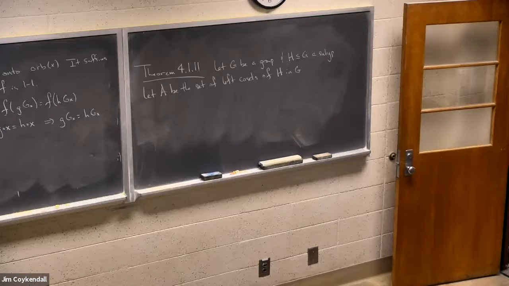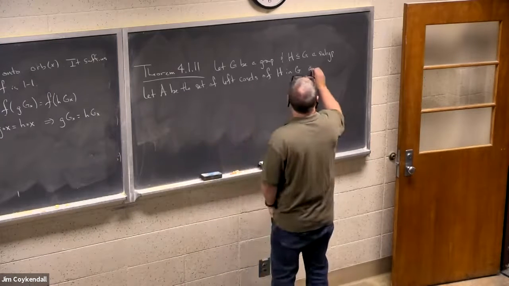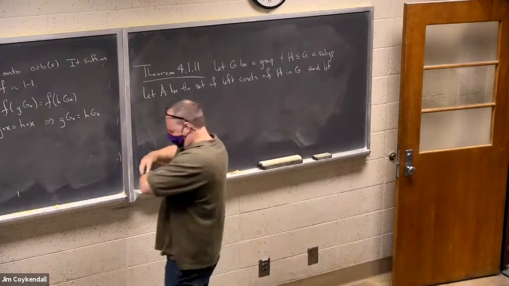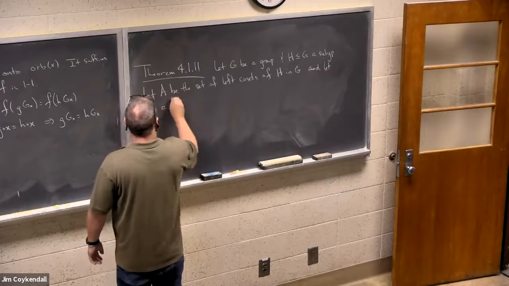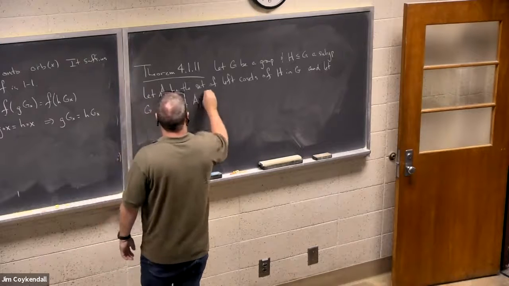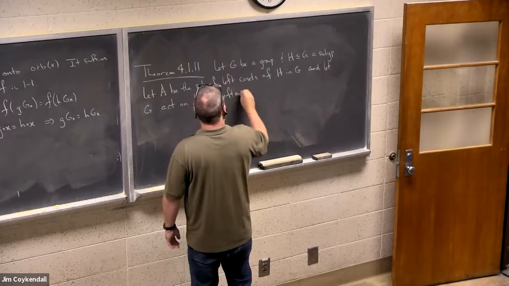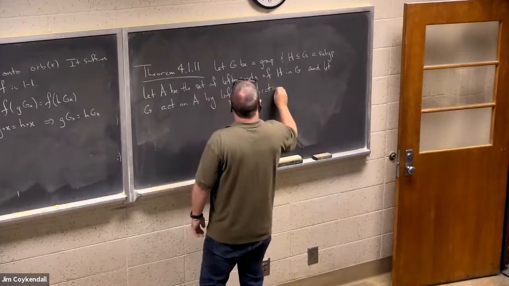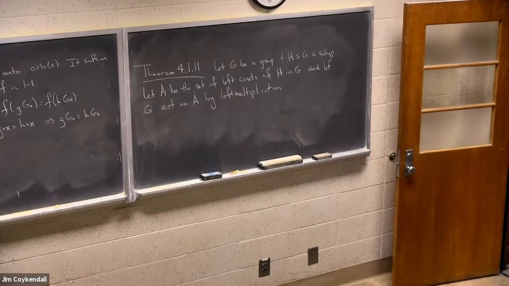And what I want to do is act on this by left multiplication. Let G act on A by left multiplication, or translation. Sometimes this is called translation. I've used both terminologies here.